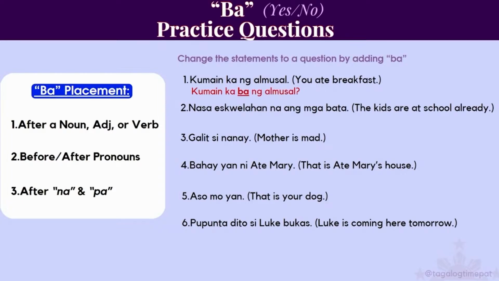So it actually goes after ka because it is one of the pronouns that go before ba. Tricky, right? It's just one of those things that we'll have to memorize. So kumain ka ba ng almusal means did you eat breakfast? Pause the video now and then we will do the rest in just a minute.